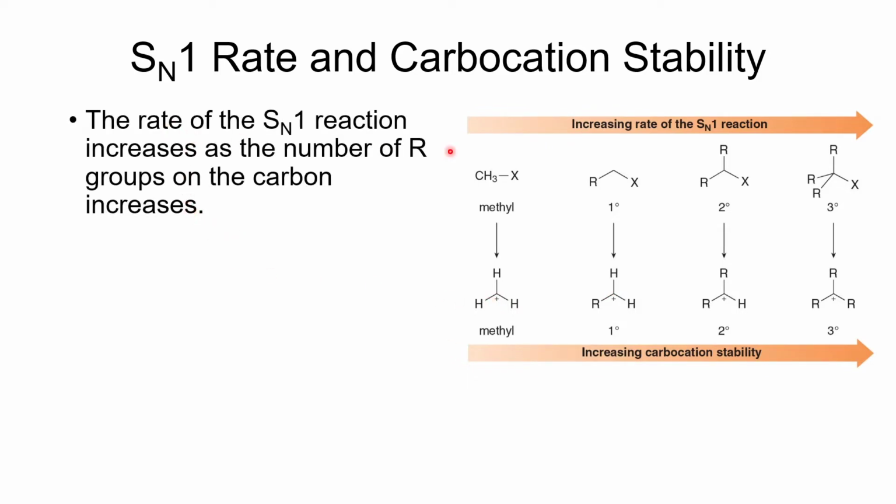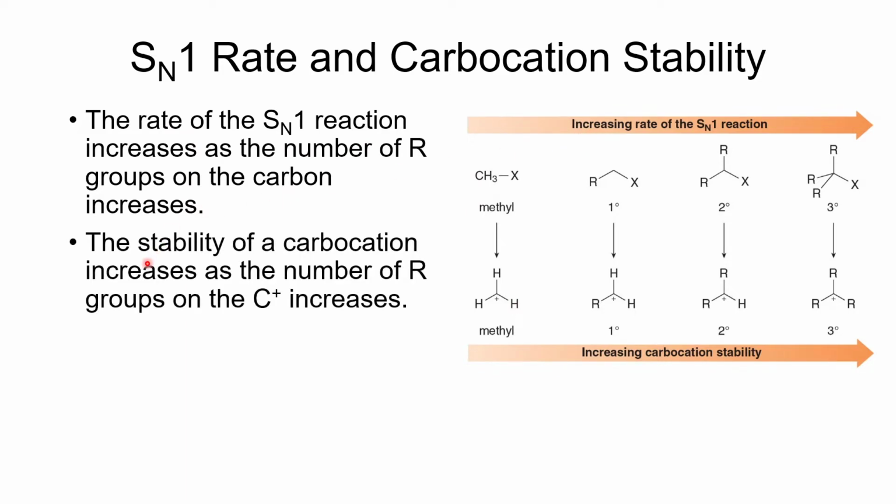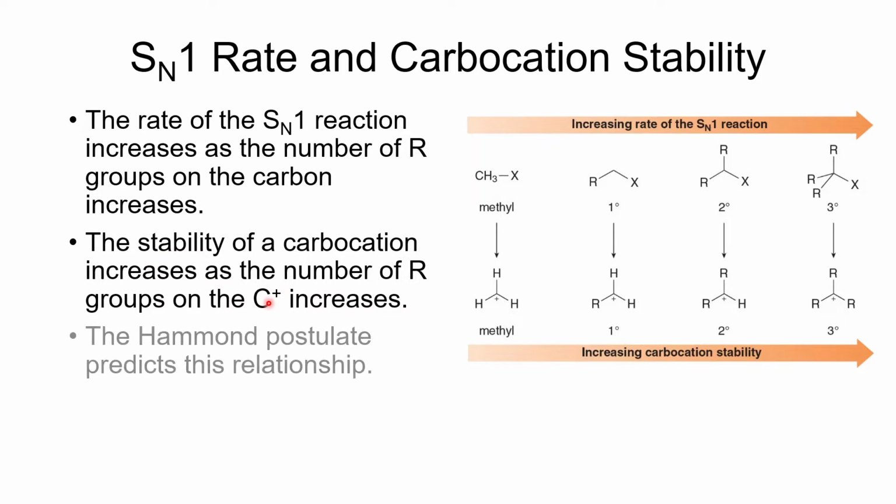And so the rate increases as the number of R groups, the number of alkyl groups, increases. The stability of the carbocation increases as the number of R groups on the carbocation increases. And the Hammond Postulate will predict this relationship.